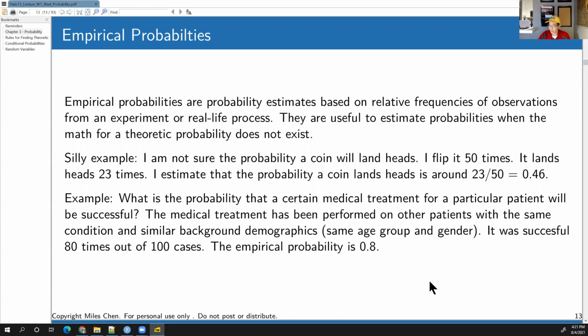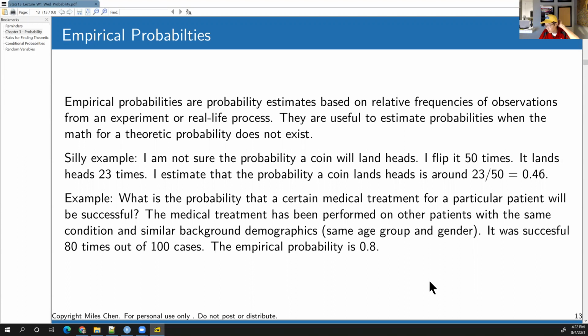So a silly example, right? You've never seen a coin before. Let's say you're an alien, you've never seen a coin before, and you don't quite understand the rules of physics on Earth. So you say, well, it does seem that people use this for, because of the random outcomes.